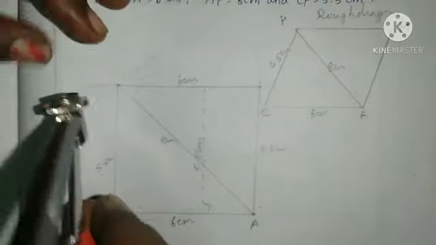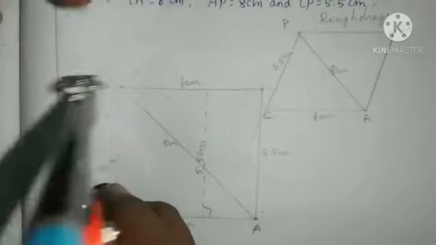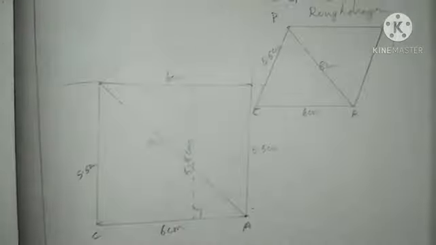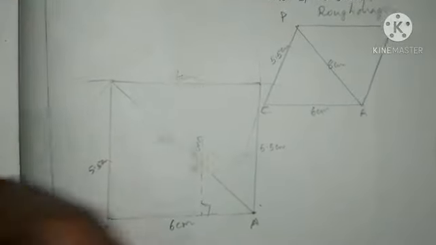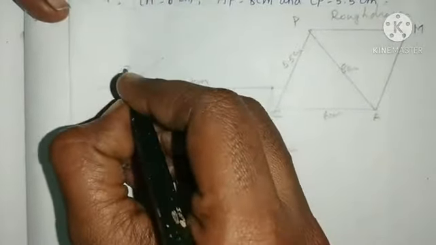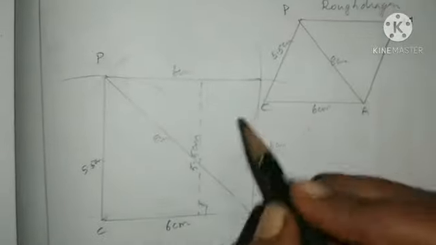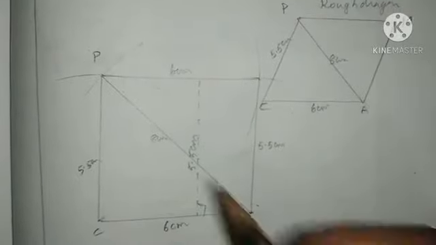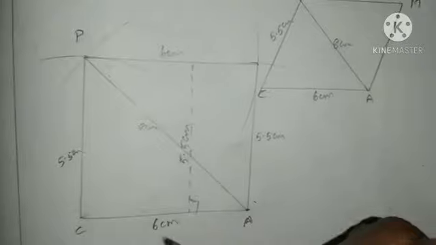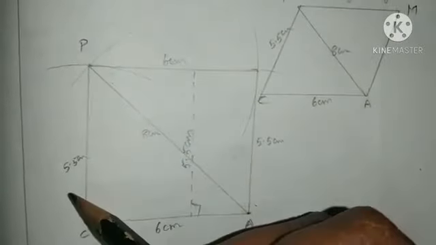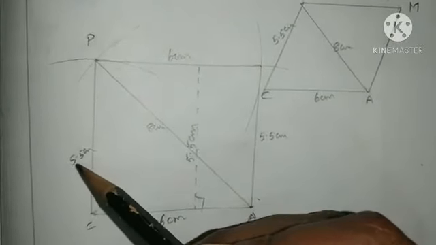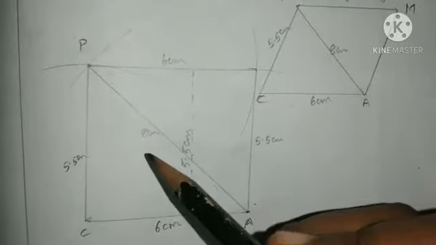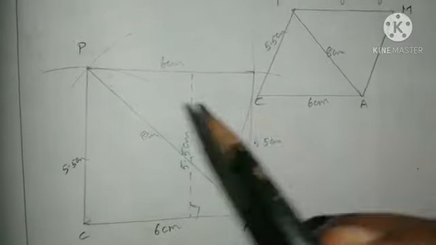From C you have to cut an arc of 5.5 cm. The meeting point of these two arcs is named as P. Now we get a triangle CAP with CA as a base and CP is a side of the triangle, 5.5 cm, and AP is another side of the triangle, 8 cm.